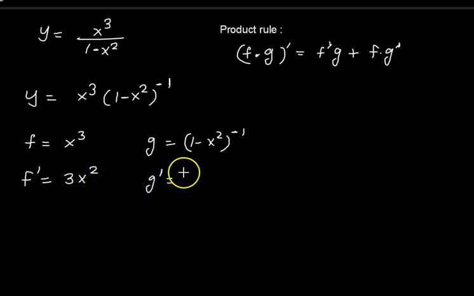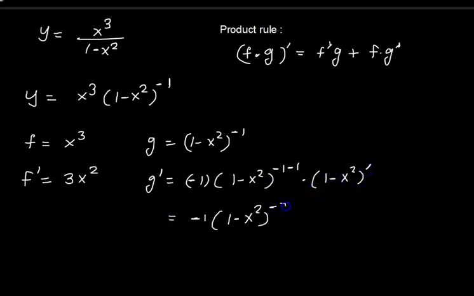For the derivative of g, we use the chain rule, same as we used earlier. The power n is -1 times (1 minus x square) raised to -2, times the derivative of 1 minus x square. Simplify it further. -1 times -2x gives you a positive 2x.